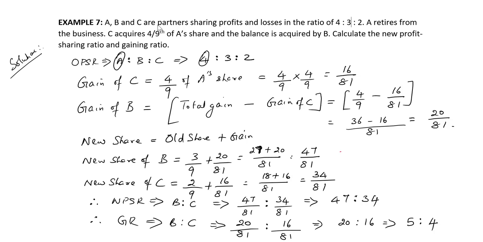So to summarize, new profit sharing ratio between B and C is equal to 47 is to 34, and gaining ratio between B and C is equal to 5 is to 4.